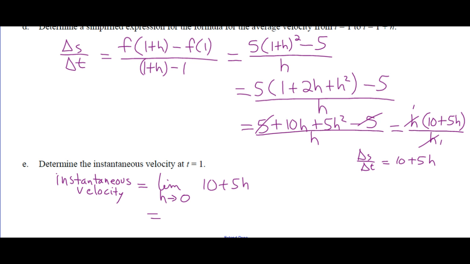Well, there's no reason we can't put h as 0 in here, right? Having simplified the expression, that's just going to be 10 plus 5 times 0, which is 10 meters per second.